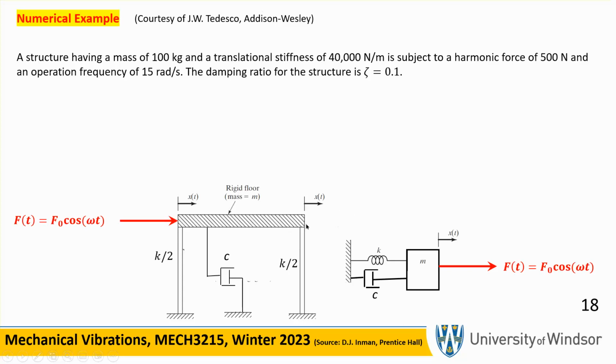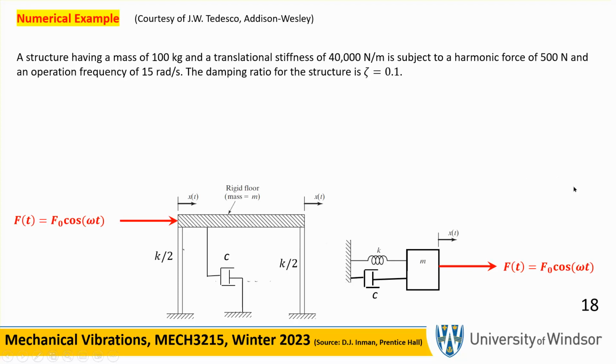We are assuming this is a rigid floor, a mass of m, and there is damping because of either an individual damper that we installed or because of damping in the joints, etc. So this is represented by a mass-spring-damper system, and there is a harmonic load acting on it in this direction, which we put here.